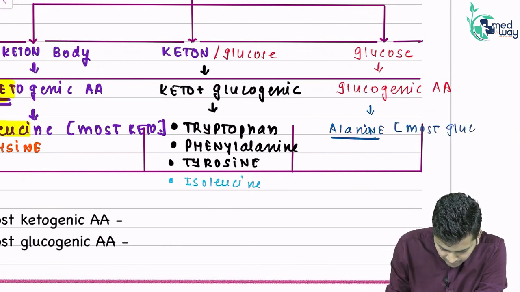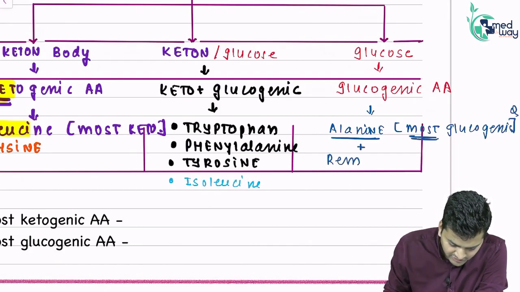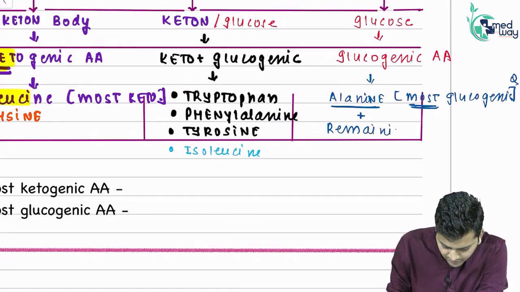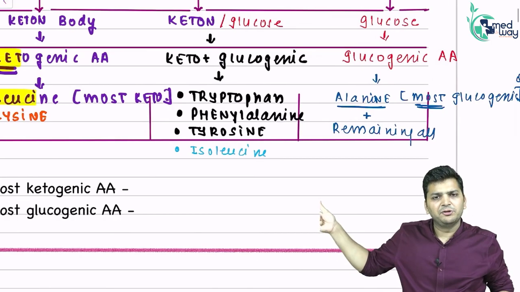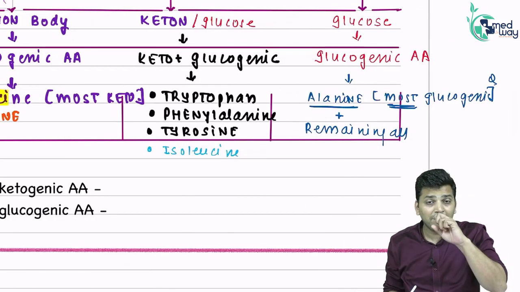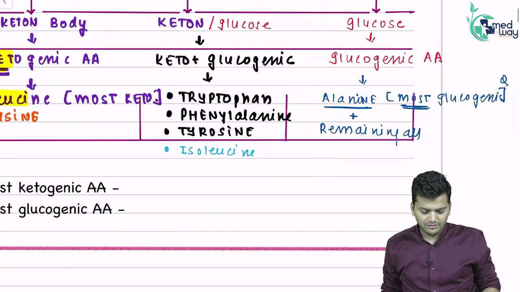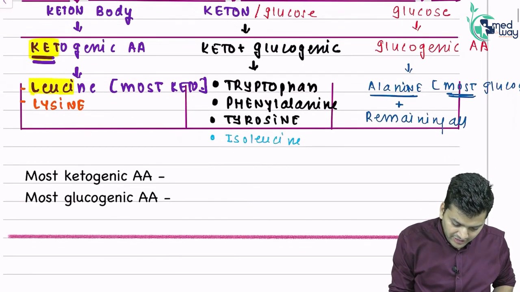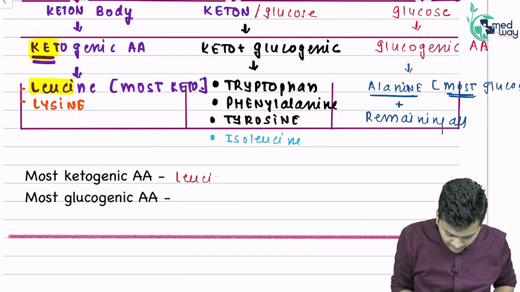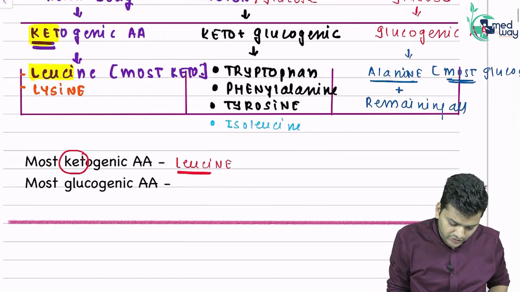Actually, out of the 22, there are 2 which are ketogenic, 4 which are keto plus glucogenic, and the remaining are all glucogenic, and among them, the most glucogenic is alanine. So, the most ketogenic is leucine, and the most glucogenic is alanine.